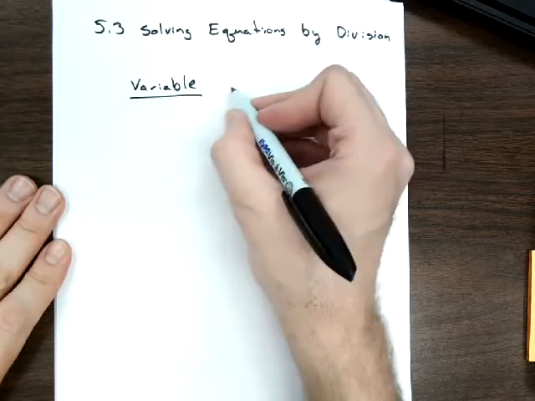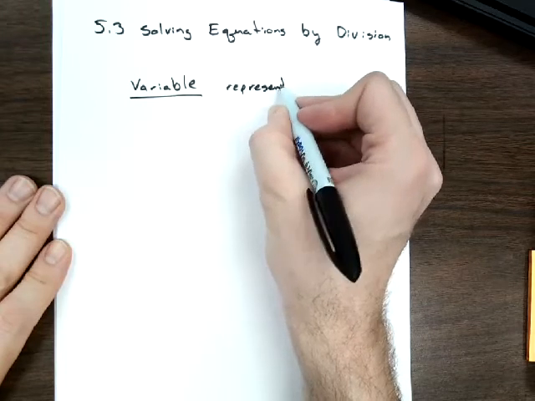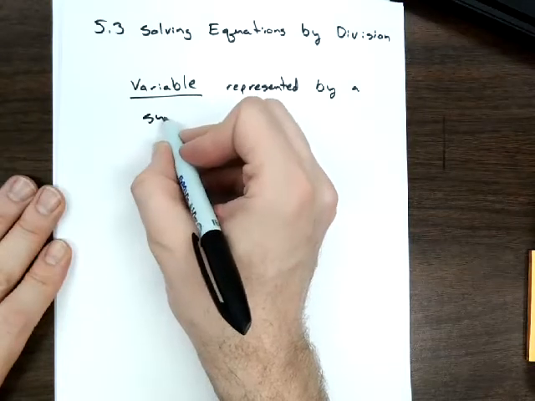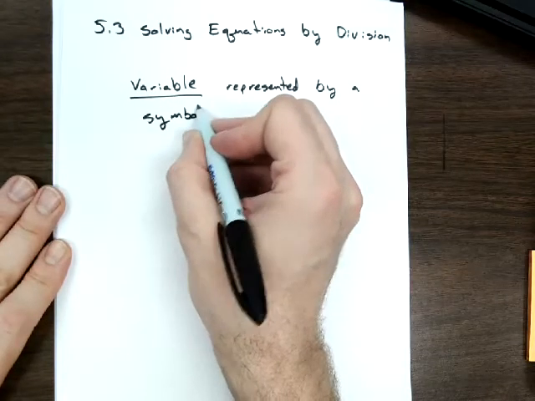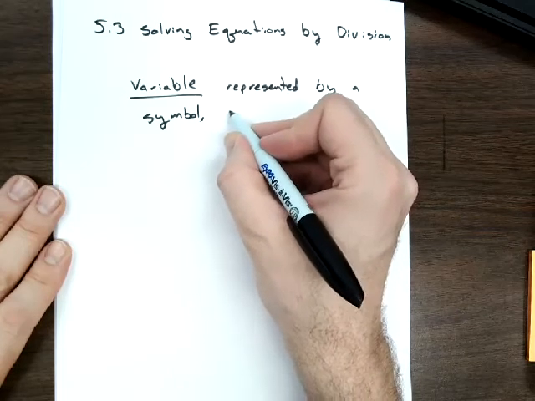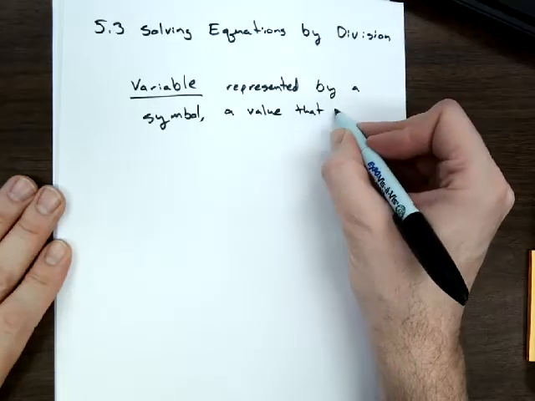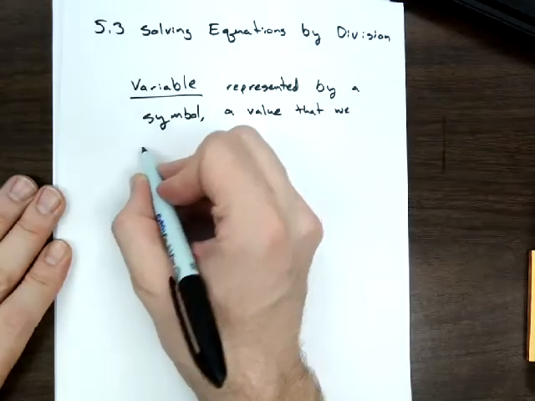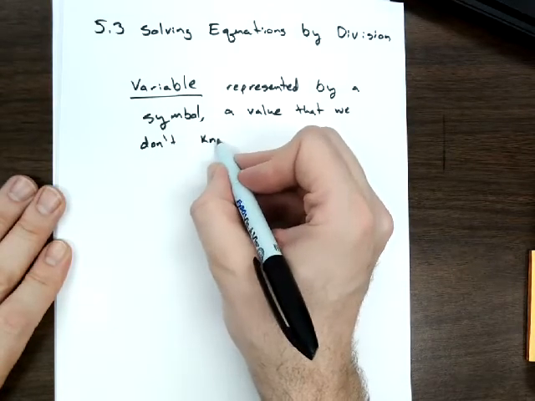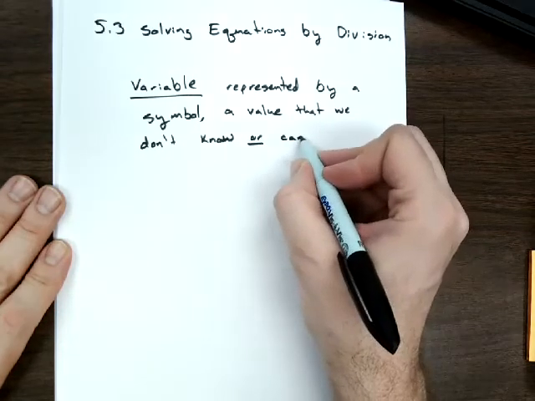So let's just talk about what a variable is right now. A variable is going to be represented by a symbol, and it's going to represent a value that we either don't know or can vary.